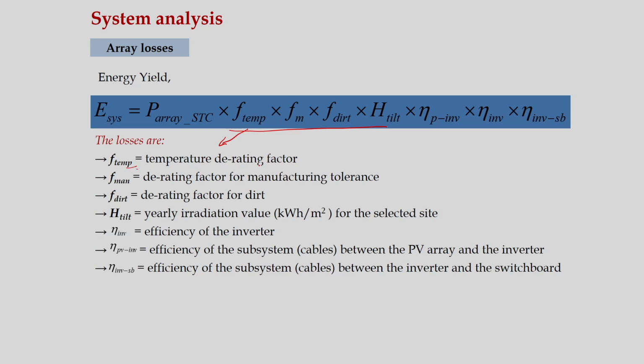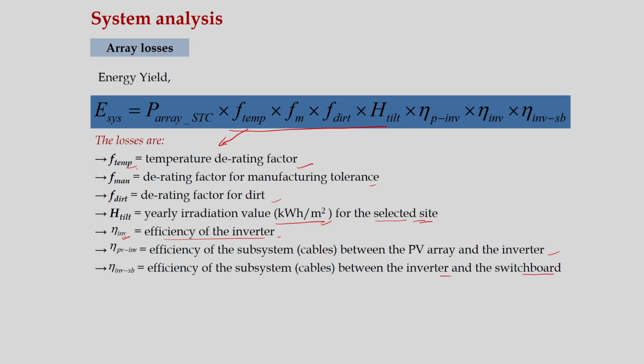F temp means temperature derating factor, F m or F man is derating factor for manufacturing tolerance, and F dirt is derating factor for dirt, and H tilt is yearly irradiation value, which is represented by kilowatt hour per meter square for the selected site, and eta inverter is the efficiency of the inverter, then eta PV inverter is the efficiency of the subsystem between the PV array and the inverter, and eta inverter SB is the efficiency of the subsystem between the inverter and the switchboard.